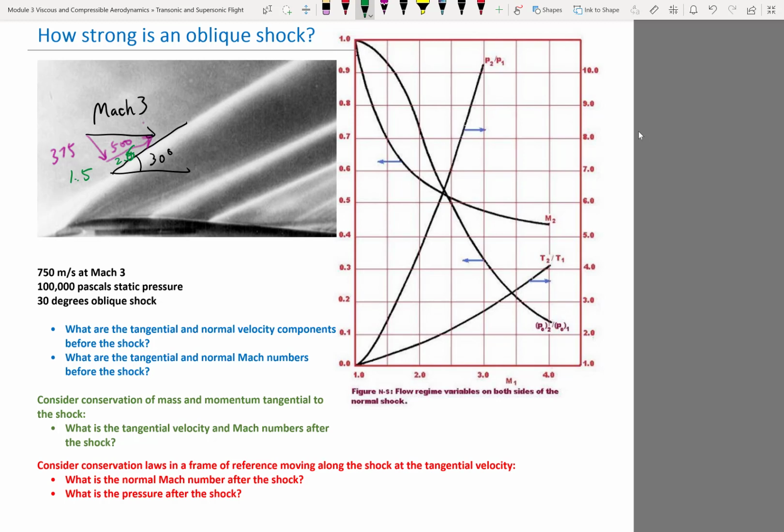So consider conservation of mass and momentum tangential to the shock. Conservation of mass doesn't have a direction, right? So if you draw a control volume that's very thin and just crosses the shock, what is the mass flux into the control volume?